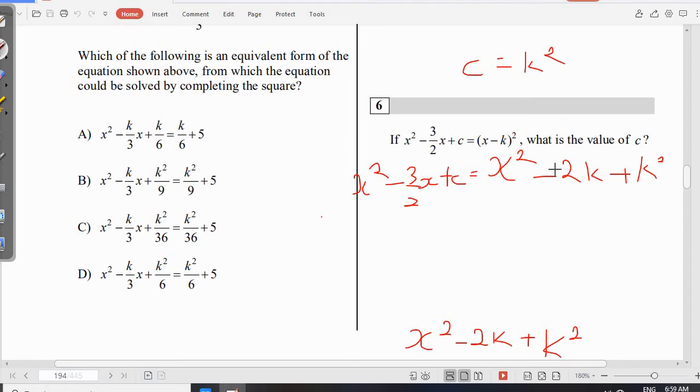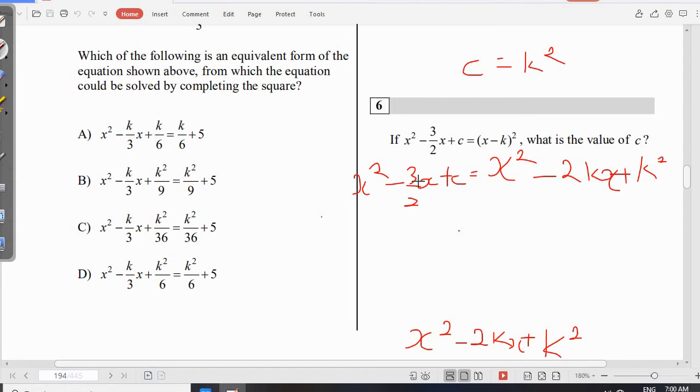Remember that c is equal to k squared. But let's look at this one. This is minus 2kx, from x squared minus 2kx plus k squared. So this minus 2k is equal to 3 over 2.